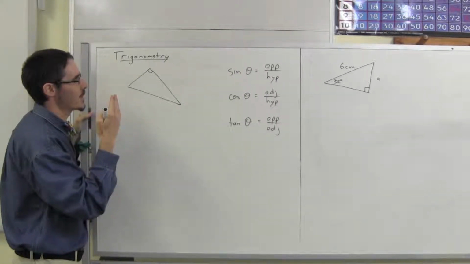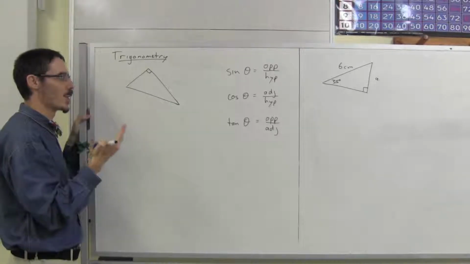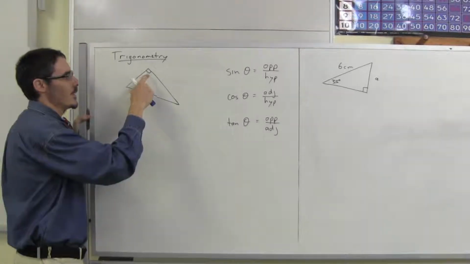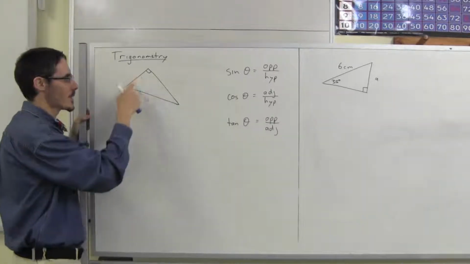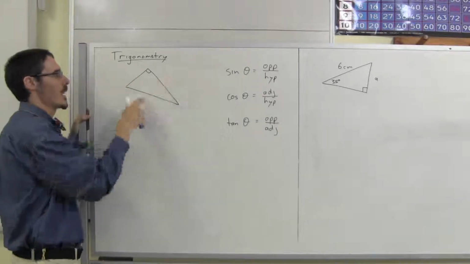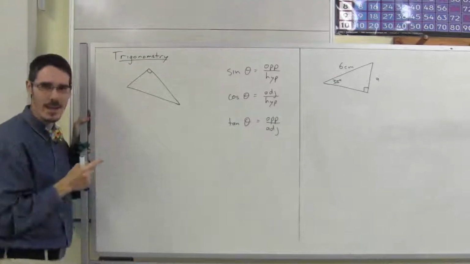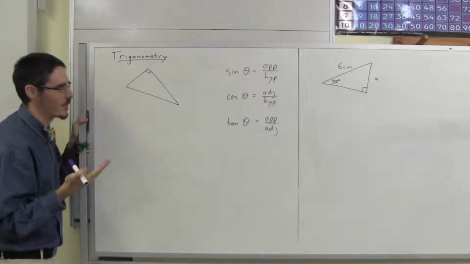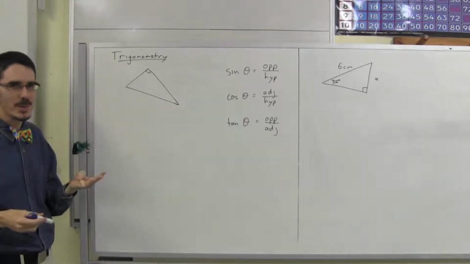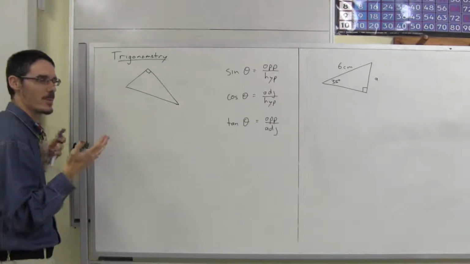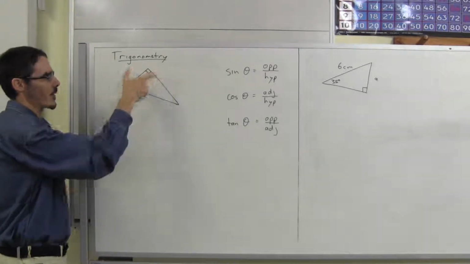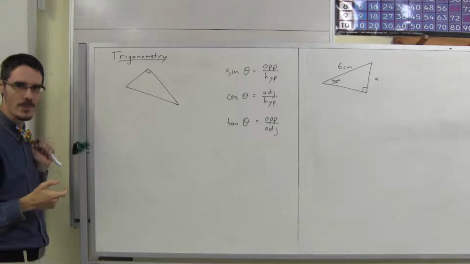Trigonometry, to the extent we're looking at here at the moment, is just, if you have a right angle, you're going to use one of these other angles to calculate lengths, or you're going to use a couple of lengths to calculate angles. So, there are three ways we can look at it, because there are three different ways of pairing off sides on this triangle.